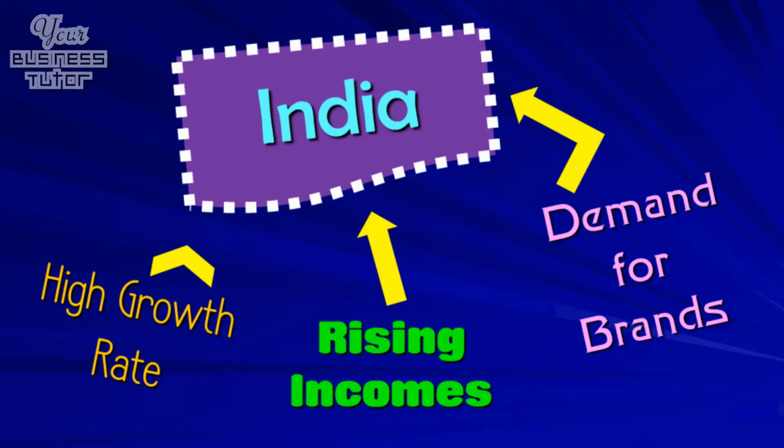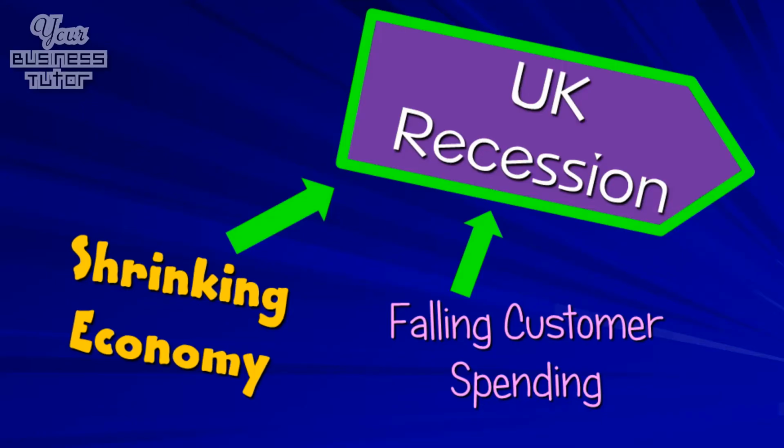Whereas, in terms of external factors, by looking at growth rates, income levels, and fashion trends in different foreign markets, the business may identify that India offers an opportunity as it is experiencing high growth. And finally, by finding out that the UK economy is shrinking and customers have less money to spend, the business may identify that the recession in the UK is a threat.